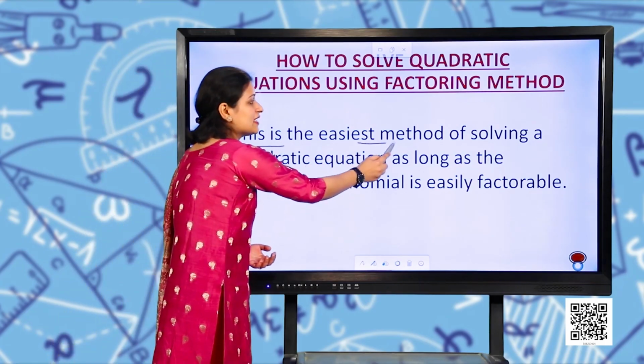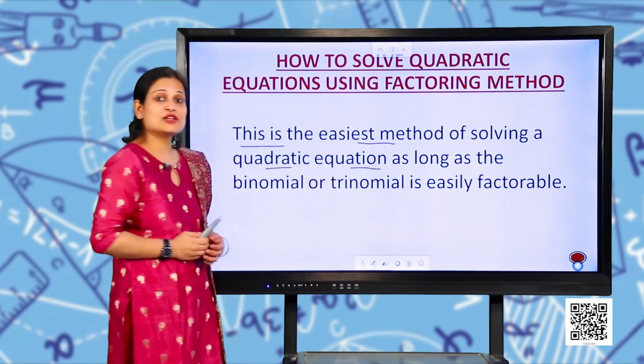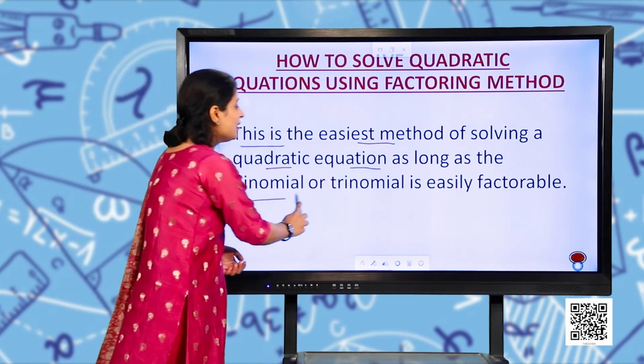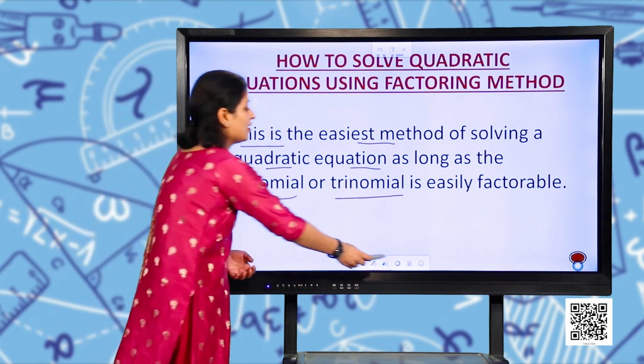This is the easiest method of solving a quadratic equation as long as the binomial or trinomial is easily factorable.